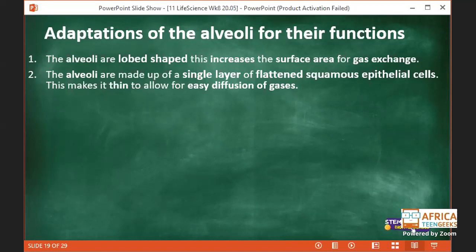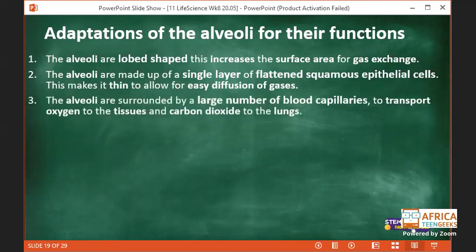So remember when we dealt with the requirements of an efficient gaseous system, we said that our gas exchange system needs to be thin in order for easy diffusion to take place. Okay, so our alveoli have those flattened squamous epithelial cells, which makes them thin, and they meet the requirement for an efficient gaseous exchange system.